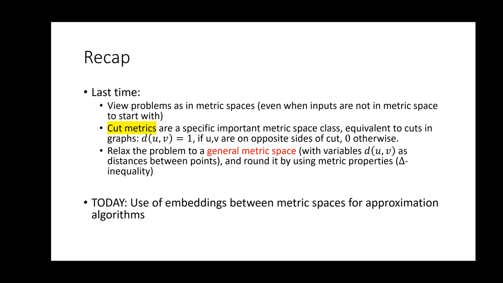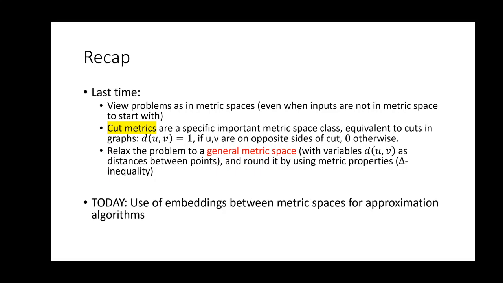Now, already this gives you some idea that cut metrics are kind of hard to optimize over directly, which is why we had to move to a more general class of metric spaces and work with those. And this idea of easiness and hardness is what we'll build on further today.